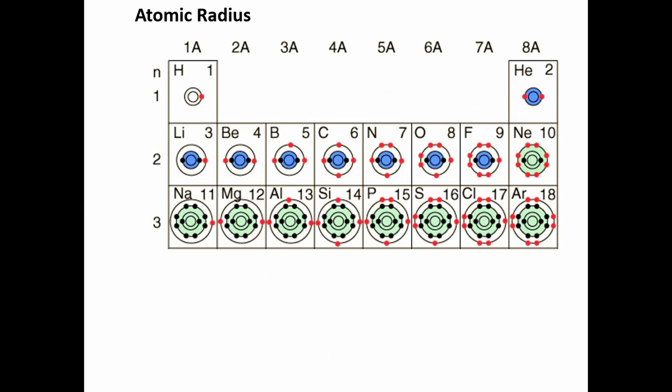All right, so we're going to take a look at three properties that are pretty significant to our purposes. The first one is atomic radius. If we're looking down a group, I know the arrow looks like it's pointing across, but I'm going to go from hydrogen, lithium to sodium.